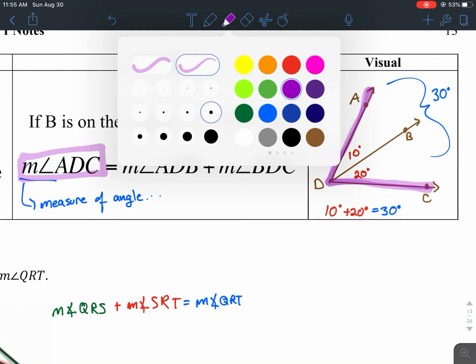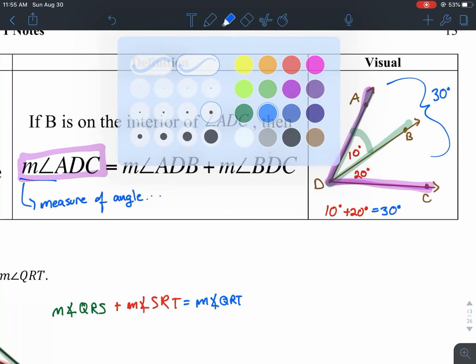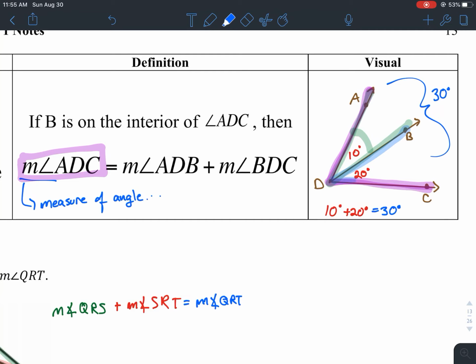You got one of the small ones inside, ADB, which is this top one over here. And then you have the other small one, BDC, which is this one down here. So three sets of angles in that visual.